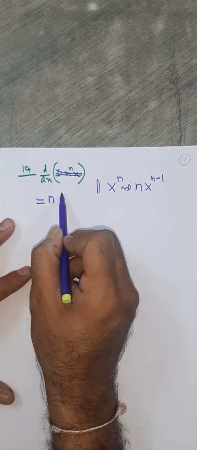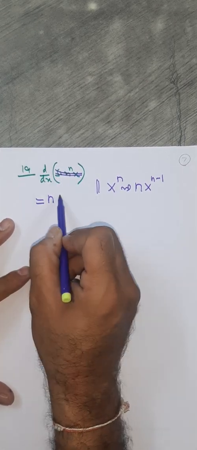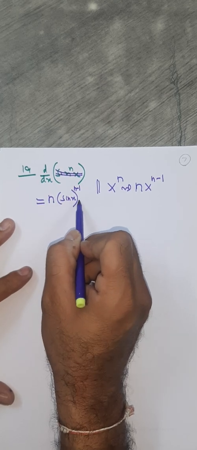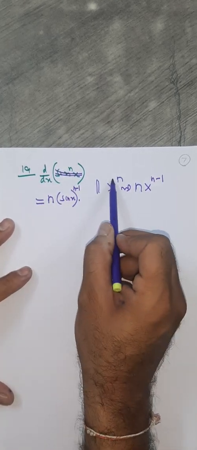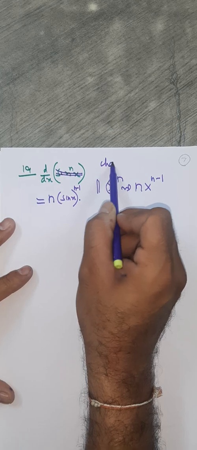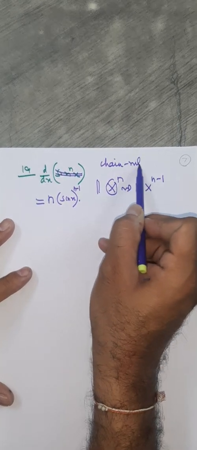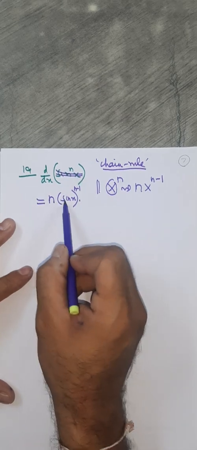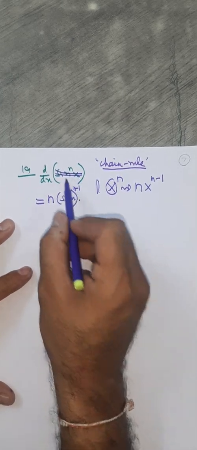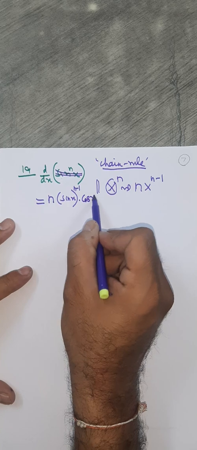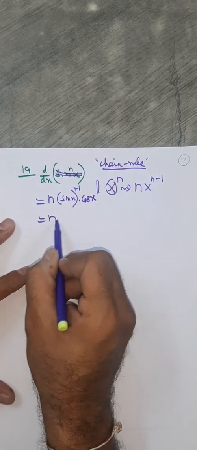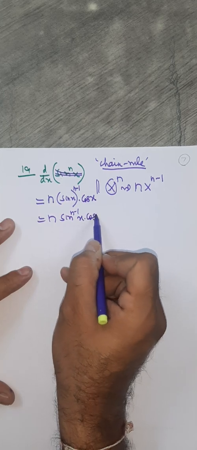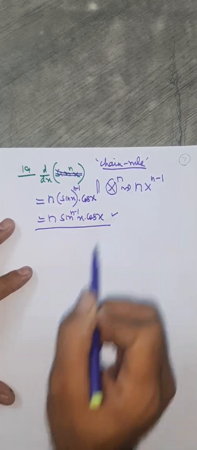So n into x means sin x here: sin x raised to n minus 1, into, by chain rule, the differentiation of that considered x. Which one had you considered as x? Sin x. What's the derivative of sin x? Cos x. So n into sin raised to n minus 1 x into cos x is the required derivative.